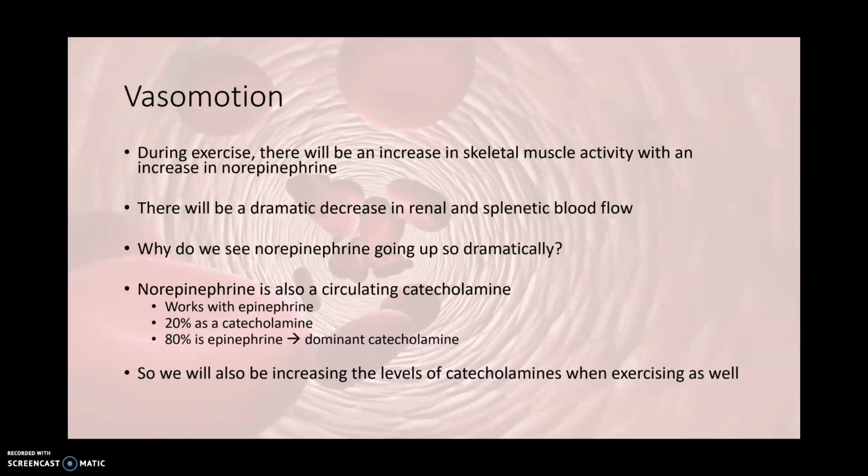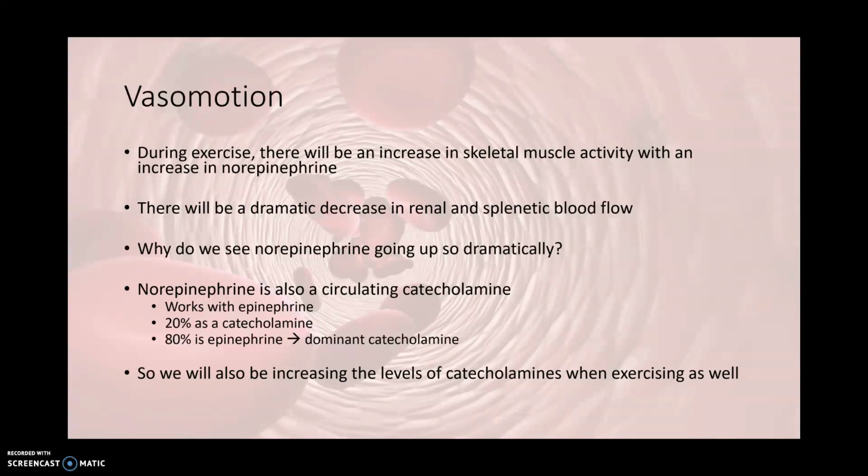And what's our dominant sympathetic nervous system neurotransmitter? Right, it is norepinephrine. Norepinephrine is also a circulating catecholamine, like we talked about last time. This works in conjunction with epinephrine. Norepinephrine is 20% as a catecholamine, and 80% is epinephrine. So our dominant sympathetic catecholamine is epinephrine.